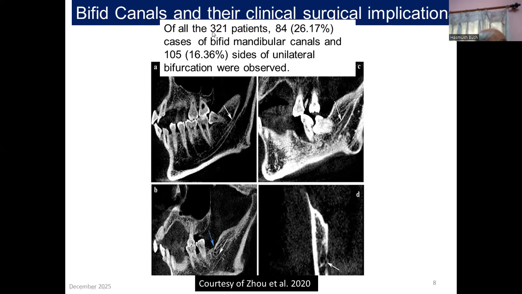Of all the 321 patients, 26.17% cases of bifid mandibular canal and 16.36% sides of unilateral bifurcation were observed. 84 out of 321, 26.17% cases showed bifid mandibular canal.